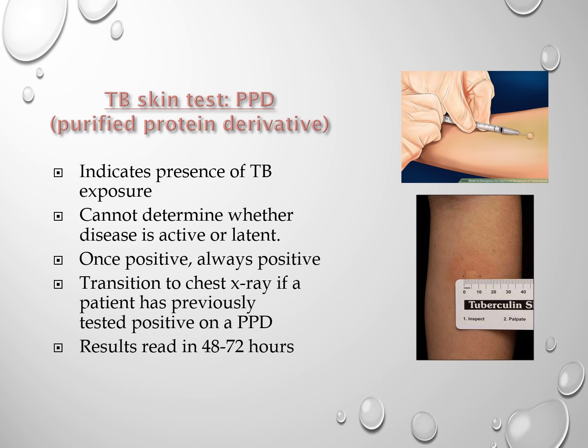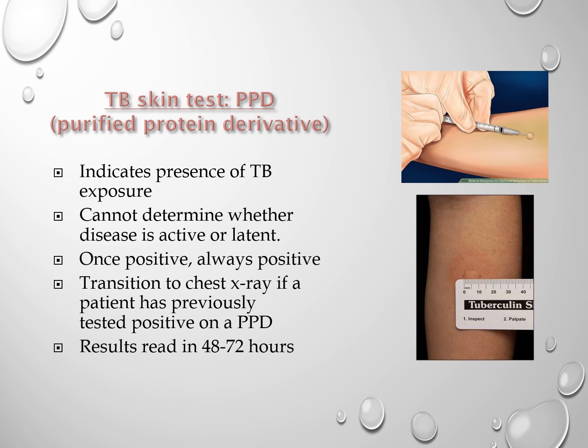The other point to note about a chest x-ray is if someone has tested positive in the past to tuberculosis, another way to screen them for tuberculosis is just to go right to a chest x-ray and skip the TB skin test since they're already positive. And the results are usually read 2 to 3 days following the intradermal injection.